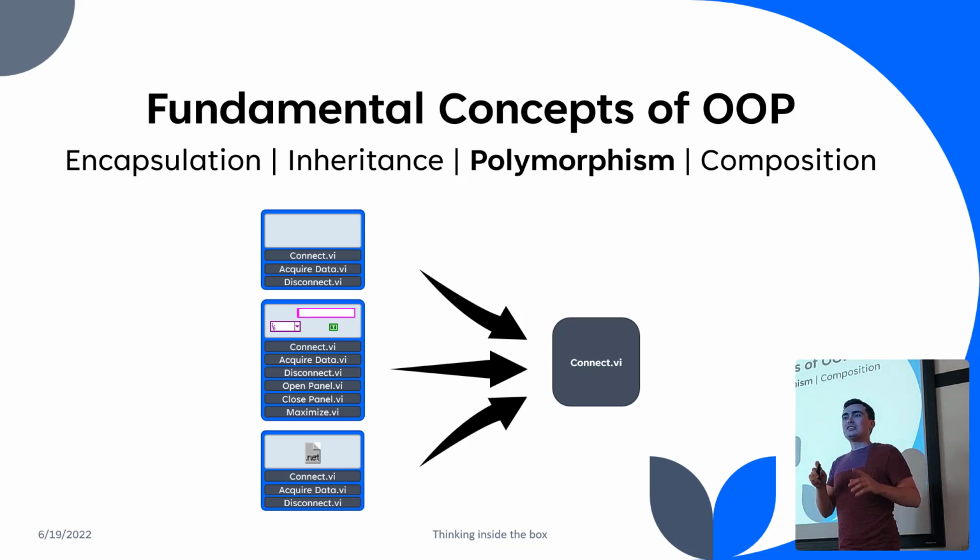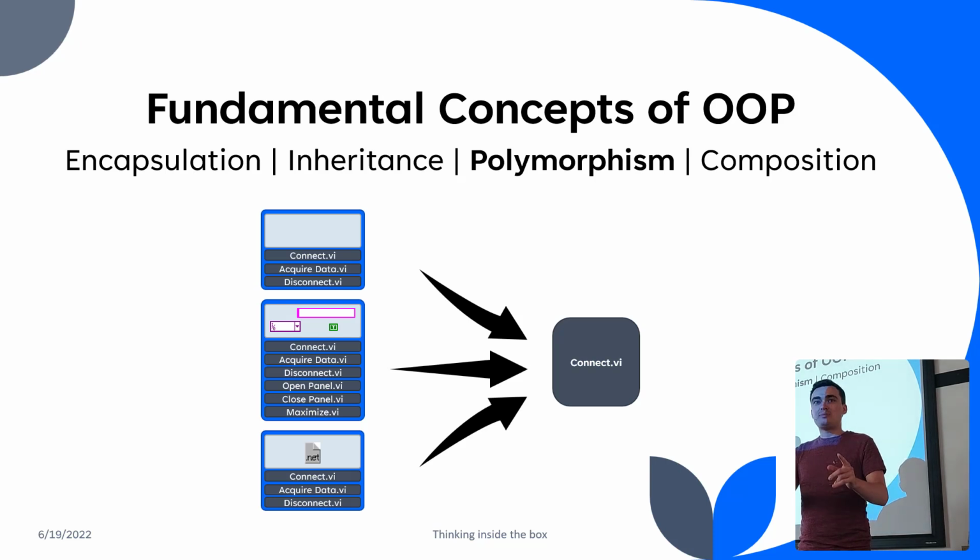But I think the thing that gets overlooked most with dynamic dispatch and polymorphism in LabVIEW is it's not just about the functionality. The data type is changing. This, wiring back, is the equivalent of wiring a Boolean. This could be the same as wiring a cluster with a string, a reference, and a Boolean. That's a .NET reference.